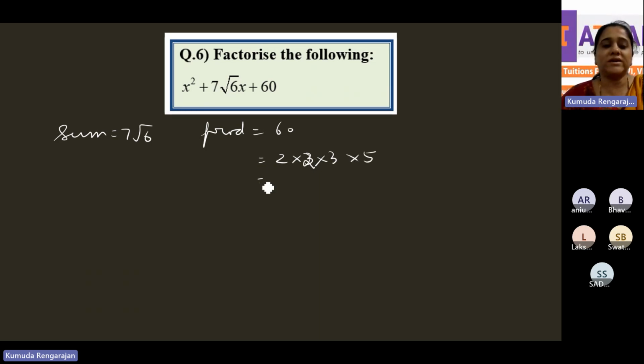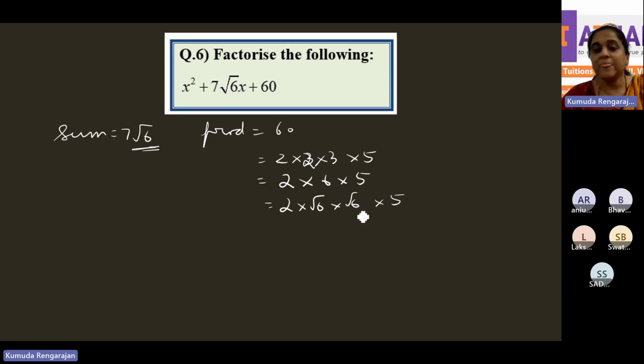Since the sum has root 6 in it, you must write it as 2 into 6 into 5, so that you can write 6 as root 6 into root 6. This is very important. Now find the two factors. Now it's very easy. Both the factors must have root 6 in it. So automatically it's going to be 2 root 6 and 5 root 6.